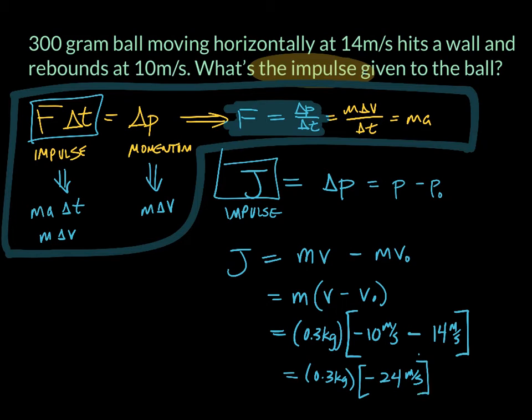And so 0.3 times 24 is 7.2. And this is a weird unit to deal with, kilogram meters per second. Those would be momentum units or impulse units. We may just want to know the magnitude, so the impulse delivered to the ball is 7.2 kilogram meters per second.